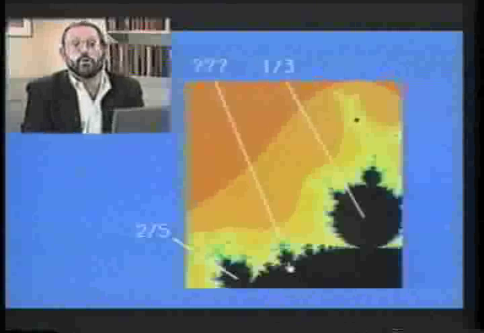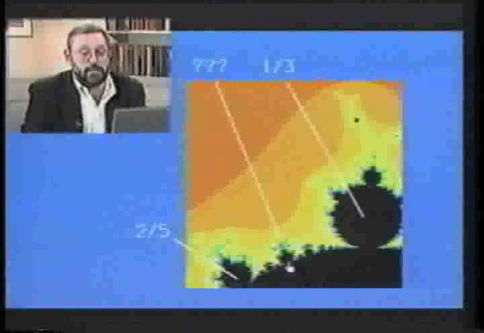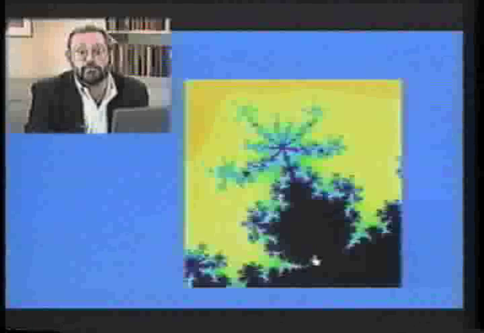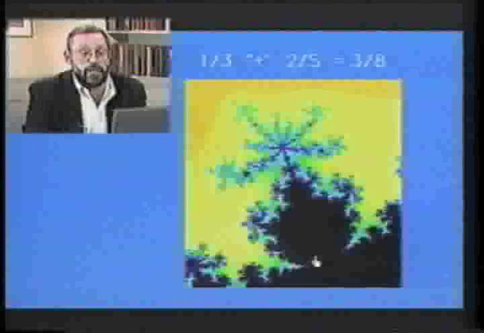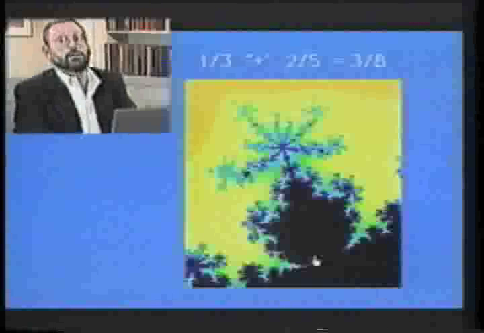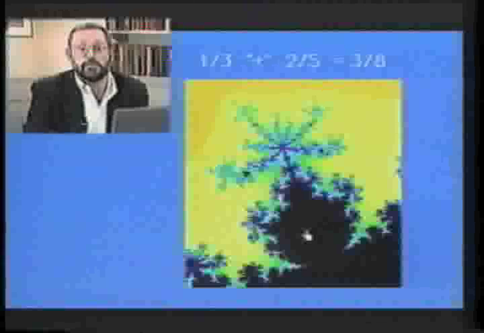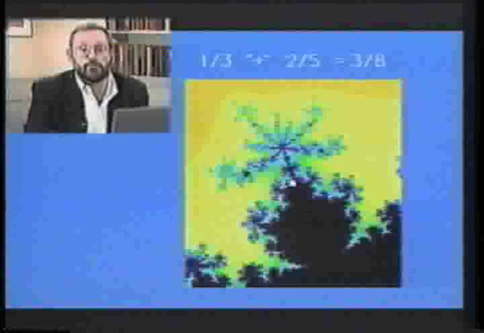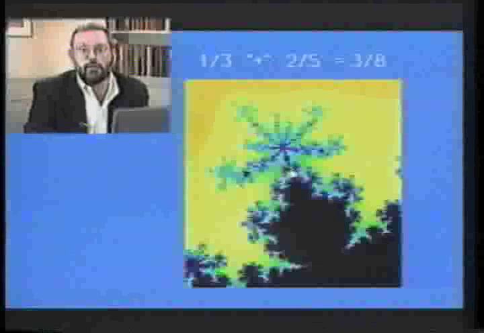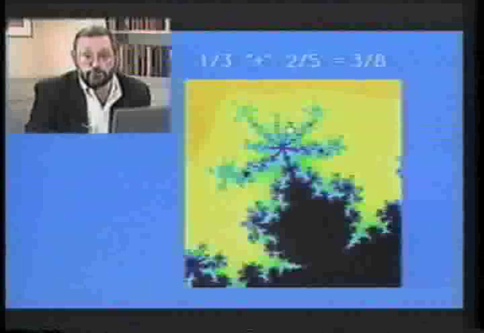Well, just as before, we add the numerators and add the denominators, and we see that the new, largest decoration is the 3/8 bulb, because 1/3, quote unquote, plus 2/5 is 3/8. And if you look at the decoration here, you see that there are precisely 8 spokes attached to this decoration, and the smallest is right here, 3/8 of a turn.